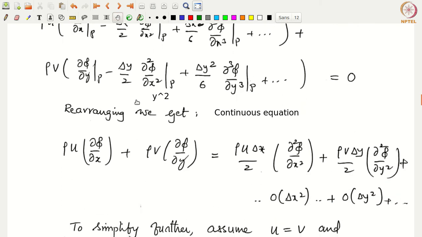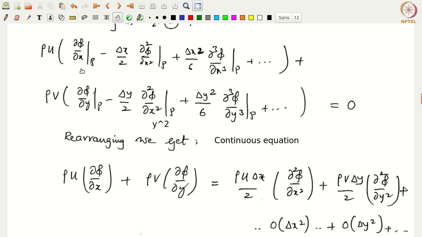Then if I rearrange these terms, I can write rho u times partial phi by partial x plus rho v times partial phi by partial y. We have these two terms, and I would like to send the remaining quantities to the right hand side.